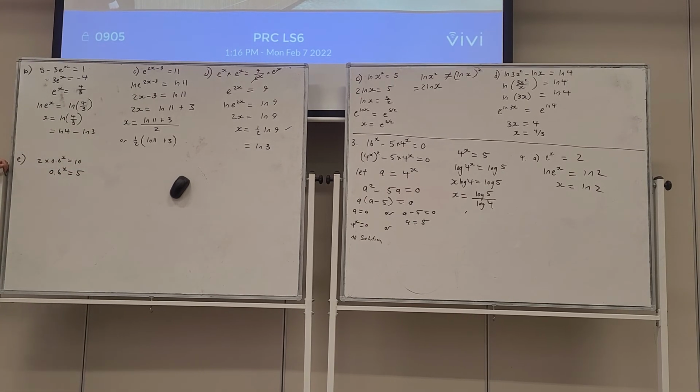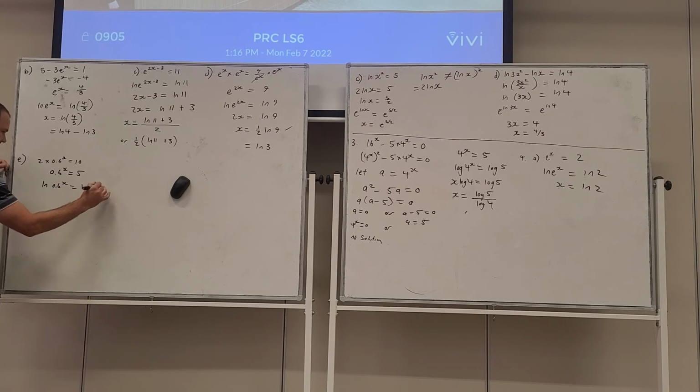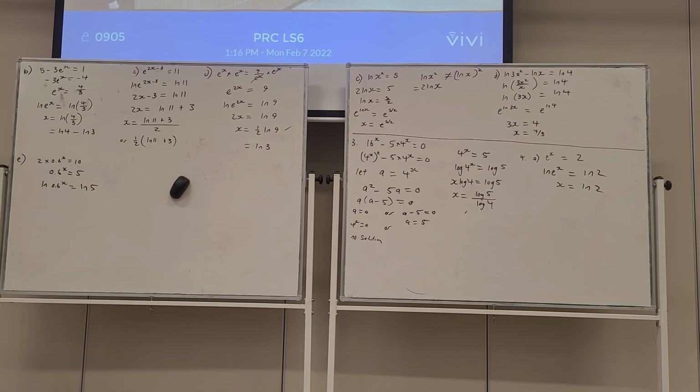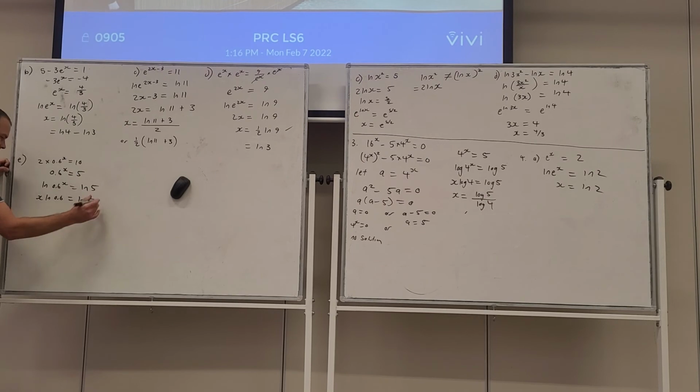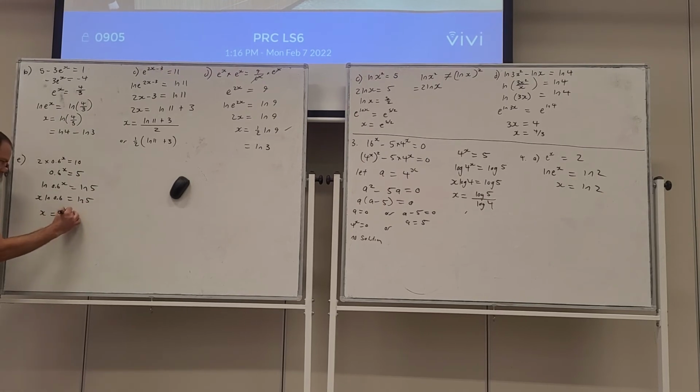Then we're going to put the natural logarithm on both sides. ln of 0.6 to the x equals ln of 5. We'll move the x out the front. And there's our final answer.